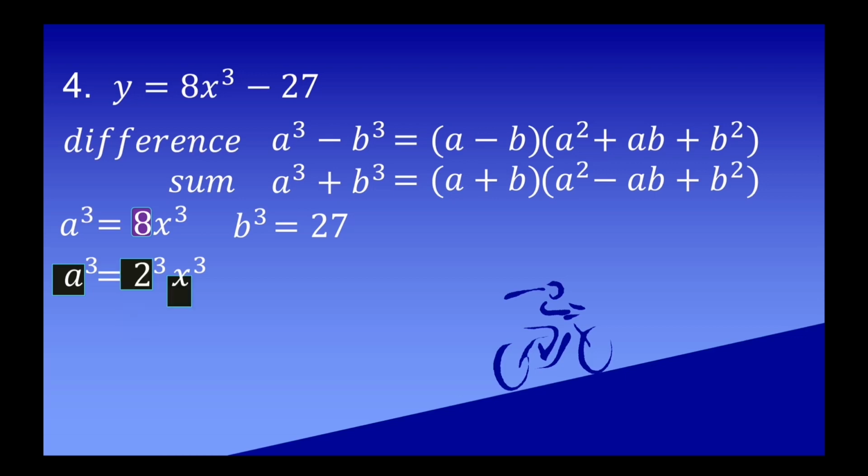The a is equal to 2x. And for b cubed, 27 can be written in the form of 3 cubed. So again, we have the same exponent, so we use the base. b is equal to 3.